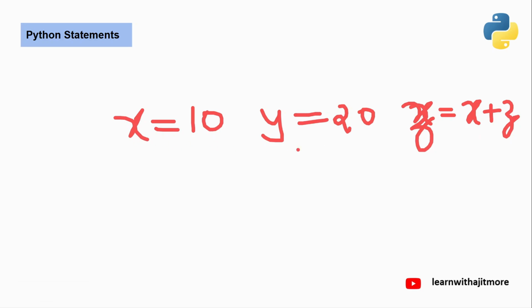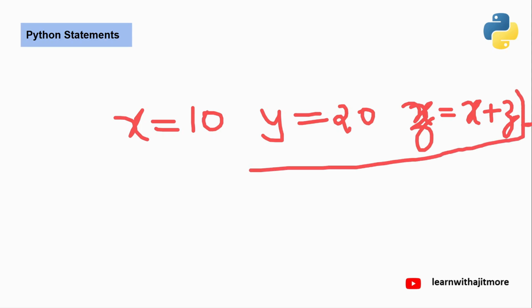It assumes the whole thing as one. Why? Because according to the interpreter, the end of the line is the end of the statement, so when the line gets over, it treats it as the end of a statement.